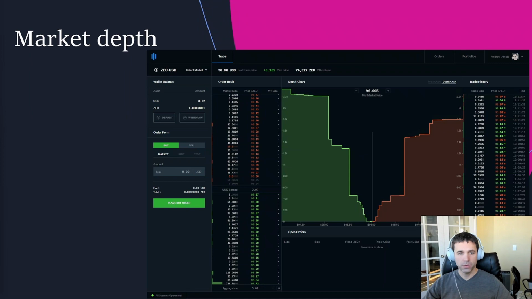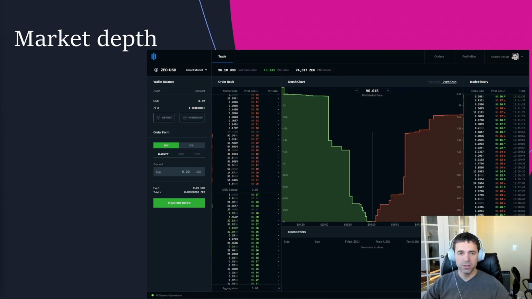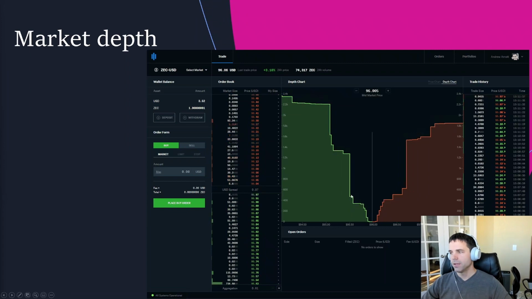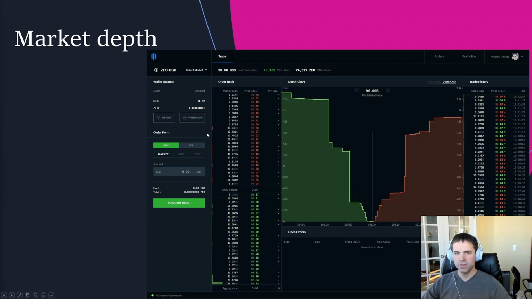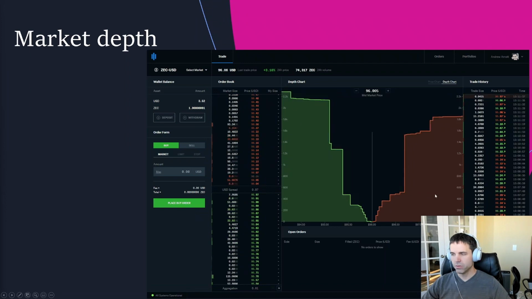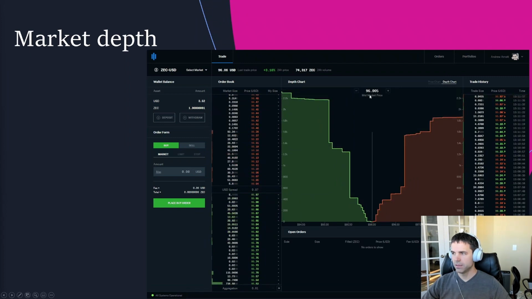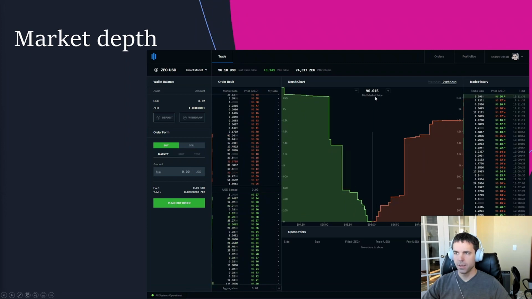Now, another view of this same data is a market depth chart. You still see the trade history here. You still see the order book on the left. But instead of seeing prices over time, what you're seeing is a graphical depiction of the order book. So right here in the middle, that's the mid market price.